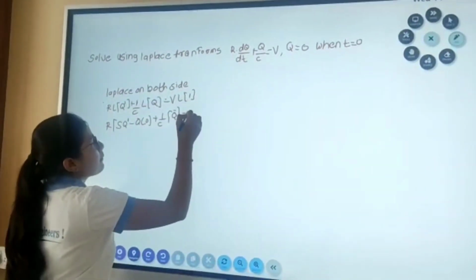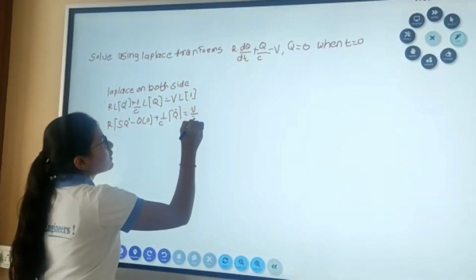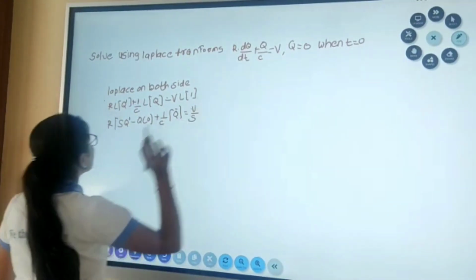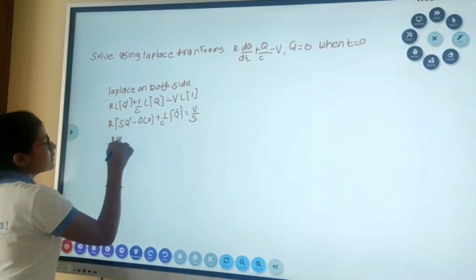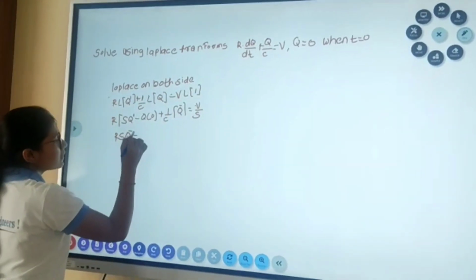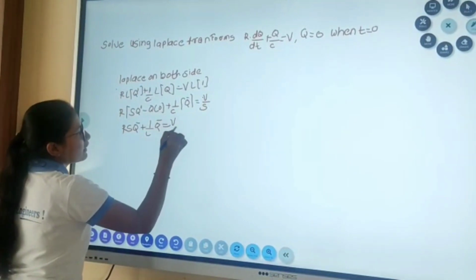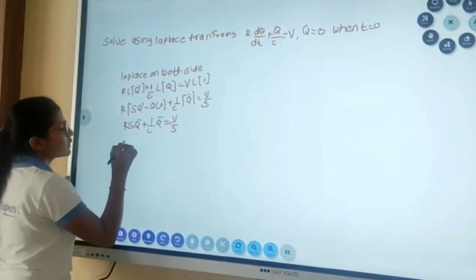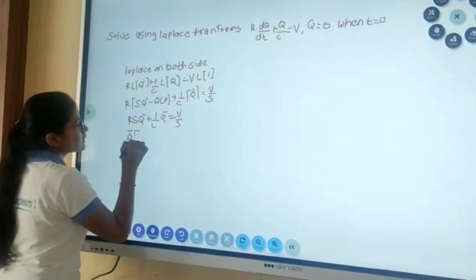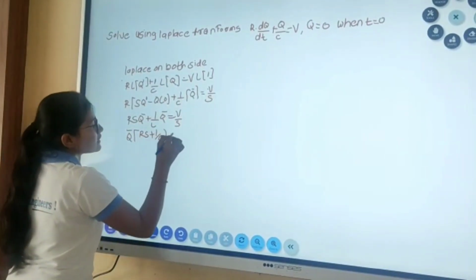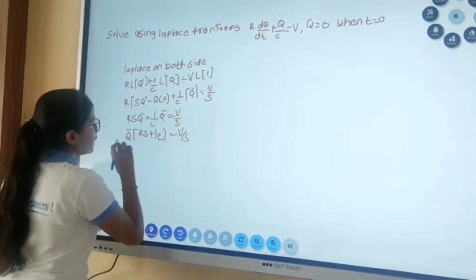And we know that the Laplace of 1 is equal to 1 by s. Therefore, here is the equation 1 upon s. Here we know that Q(0) is 0. Therefore, R s Q plus 1 upon C Q is equal to V by s. From this term, we will common out the Q complement. Therefore, Q complement into (Rs plus 1 upon C) is equal to V by s.